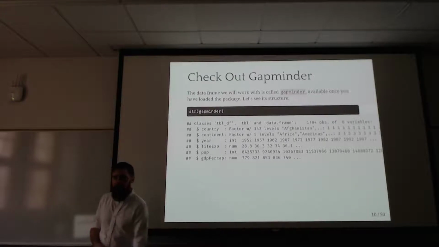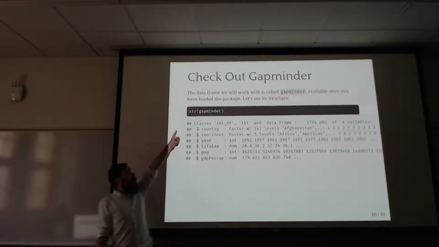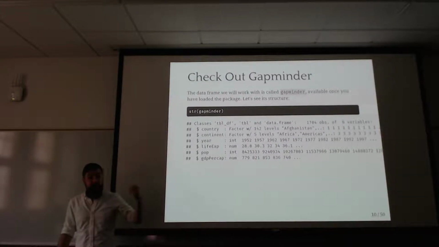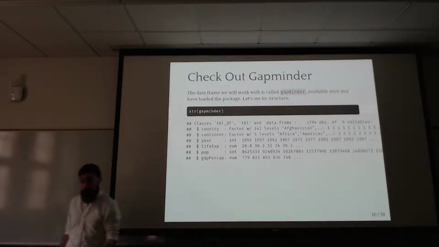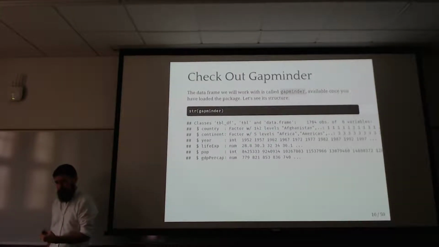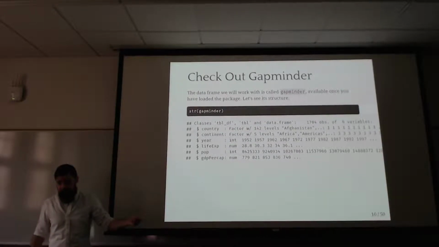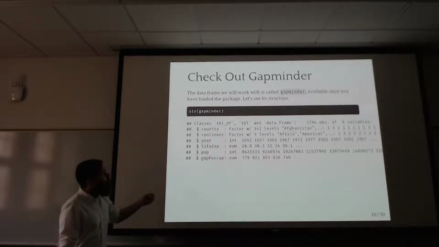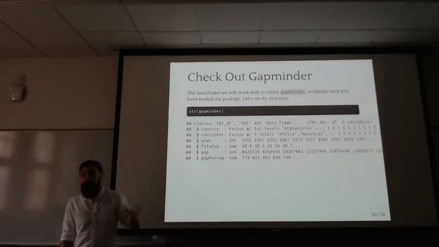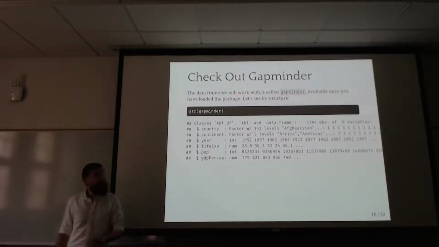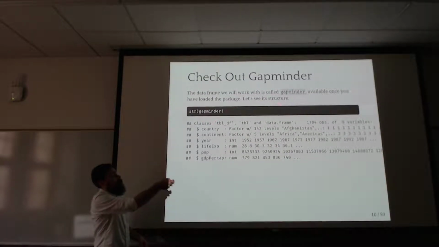If you remember from the first lecture, there's a function, str, for structure, that will show you the structure of whatever object you give to it. It does different things depending on the type of object you give it. In this case, we've given it a data frame. What we see here, the first thing is the object we've given it, which is gapminder, and its class is a data frame.